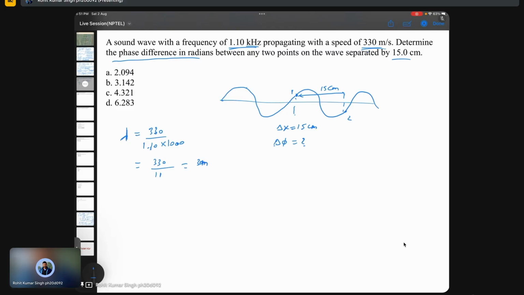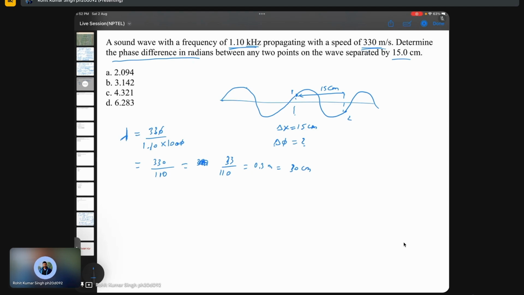Yeah, 33 by 110, so 0.3 meter or 30 centimeter. Yes, 30 centimeter is the wavelength.